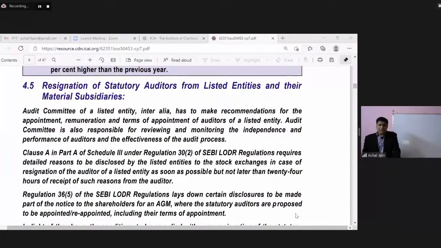But for some reason, the number of resignations because of problems, or supposedly because of problems, in the financial reporting started increasing significantly. And just to ensure that such events do not take place, some of these provisions were brought into the picture. This was because of a couple of reasons.